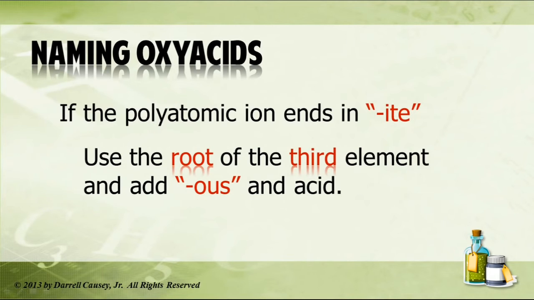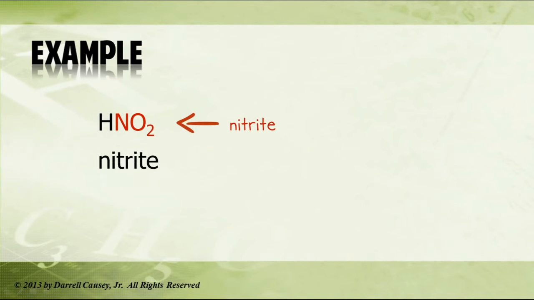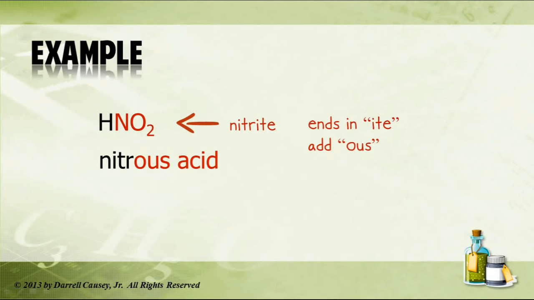Again, it depends on knowing those polyatomic ions. Let's do an example. HNO2, there's our polyatomic ion, and it is nitrite, and nitrite ends in ITE, so add OUS. So nitrous acid.